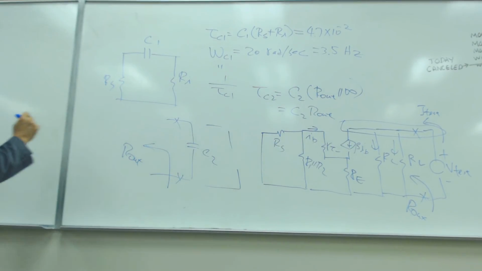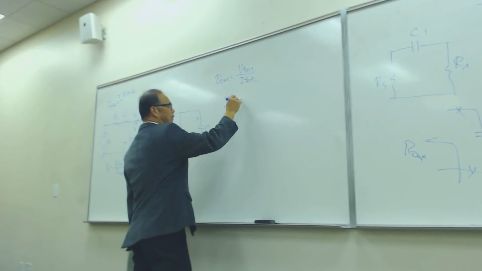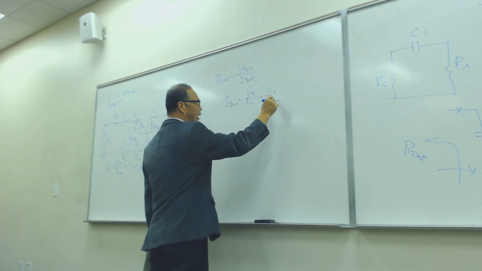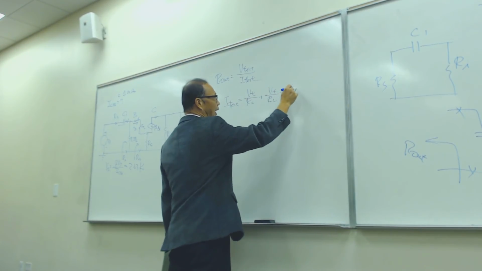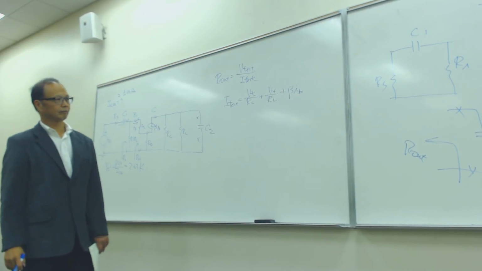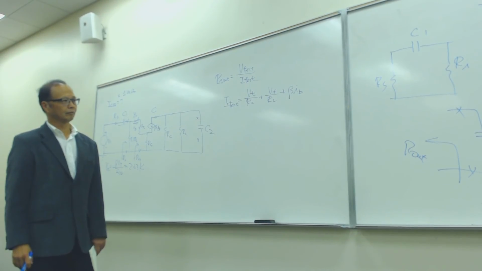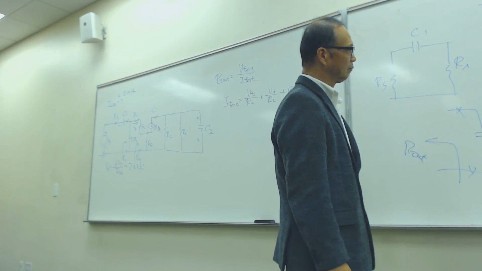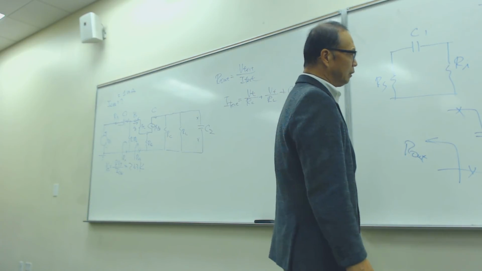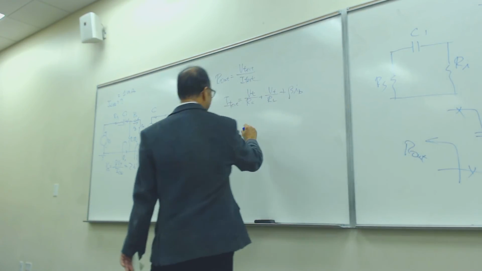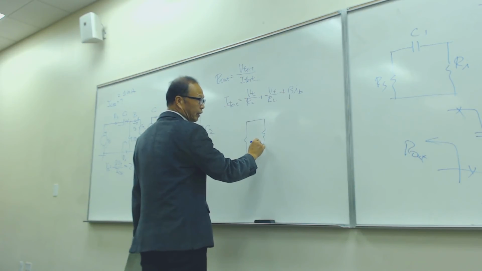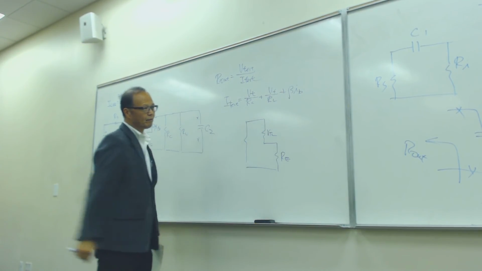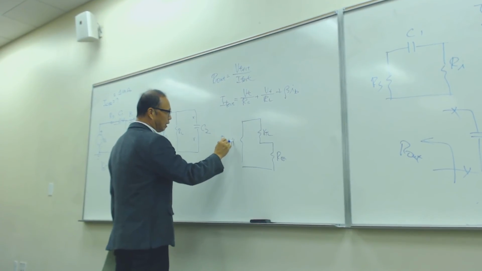So therefore I test is equal to V test over RC plus V test over RL plus beta I sub B. On the left-hand side you can have R E, R pi, and R square in parallel with R1 and R2.